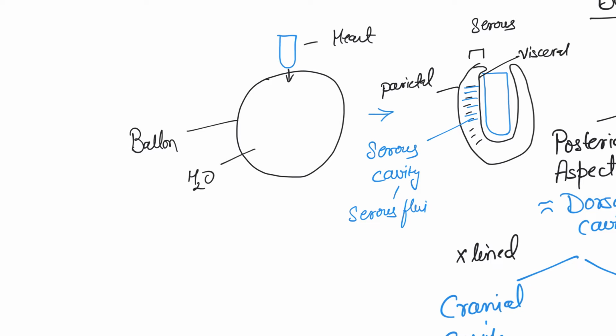Now, I want to point out a few things here: this serous membrane, this serous cavity, and this serous fluid get different names when you're talking about different serous membranes covering different organs. For example, if we were talking about the layer that covers the heart, then we'll say, well, this is the pericardium. Peri means around, cardium means heart.